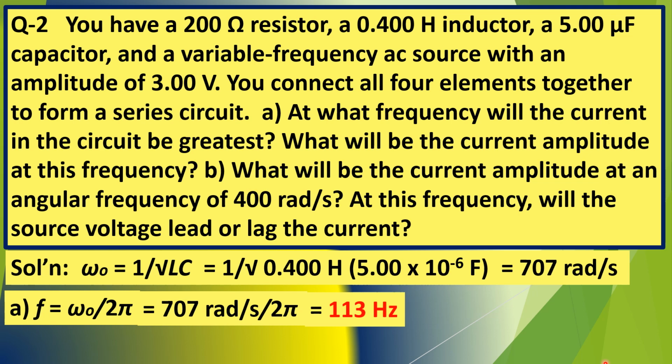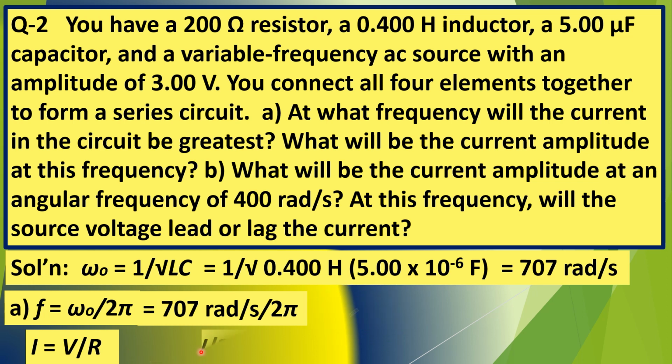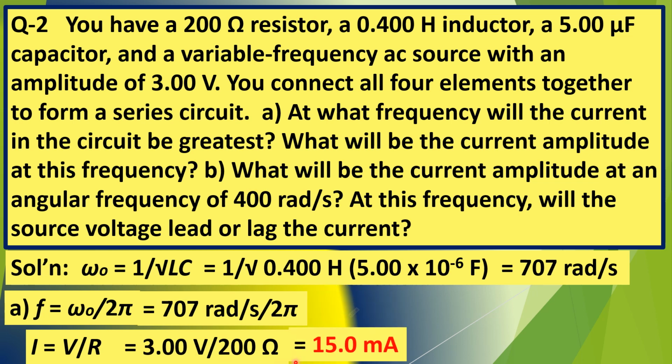And the value of the current amplitude corresponding to this frequency is just dividing the voltage amplitude, capital V, by the resistance, capital R. And so we get 3.00 volts divided by 200 ohms, or current amplitude equal to 15.0 milliamperes.